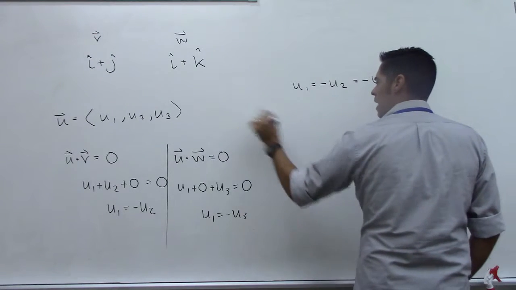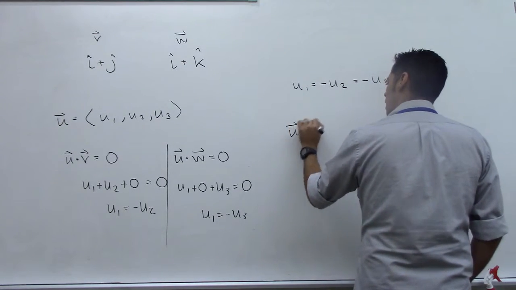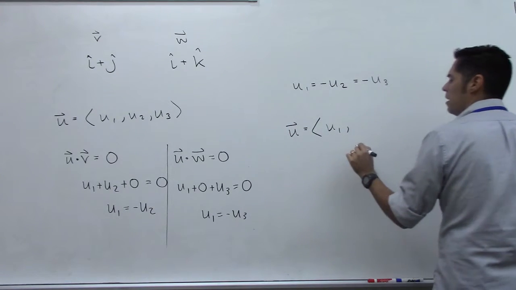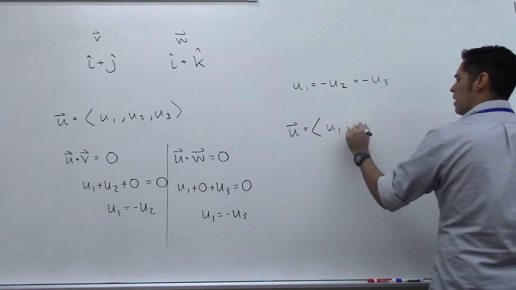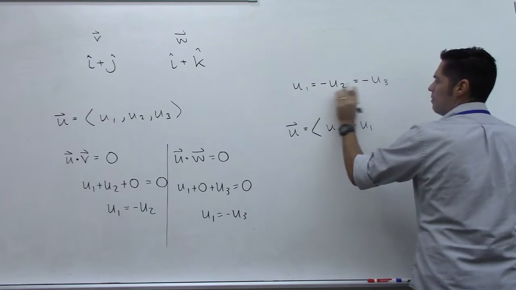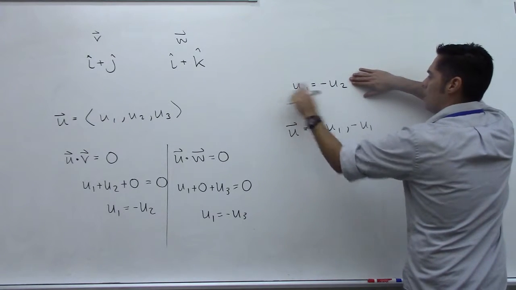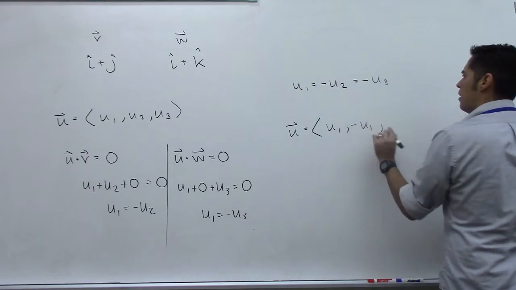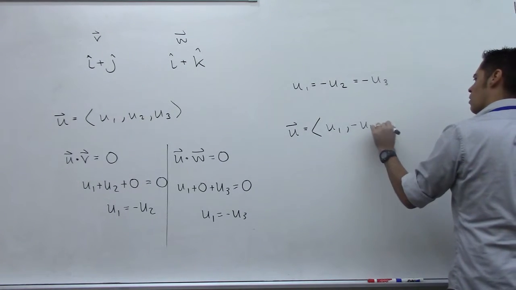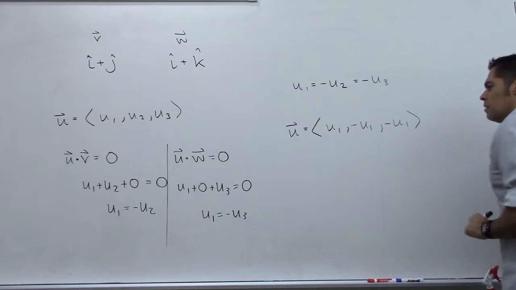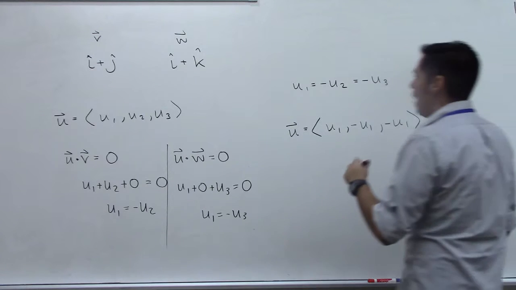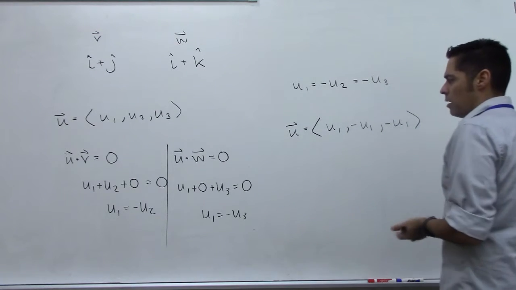So if I go back to my u, I'm going to say, okay, u1 is just going to be some number, right? And then u2 will be the opposite of that number. Okay, so just imagine moving the negative to the other side. u2 would be negative u1. And then over here, move the negative to the other side. u3 must be negative u1 also. So far, that's what I'm going to need for the orthogonality to work out, for the dot products to be 0.